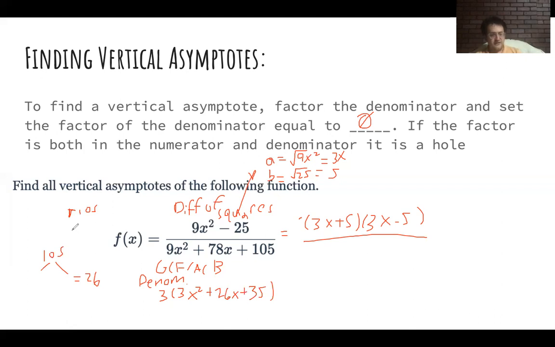Maybe I'll try 3 and 105, that does not work. And then maybe I could try others, but then 21 and 5 does work.